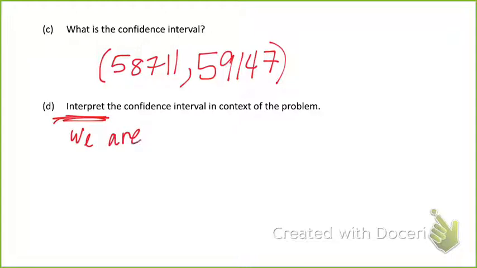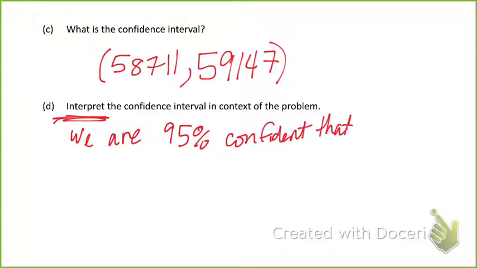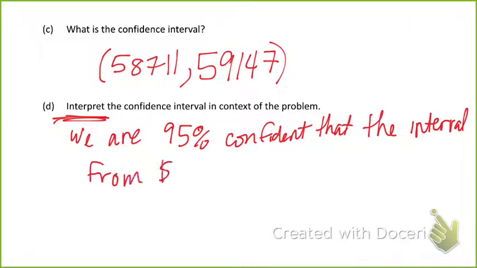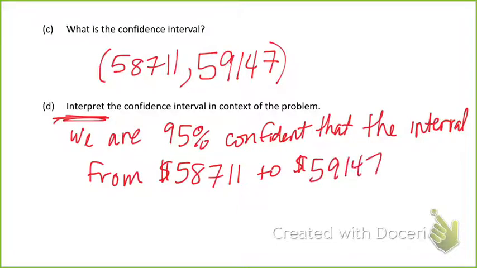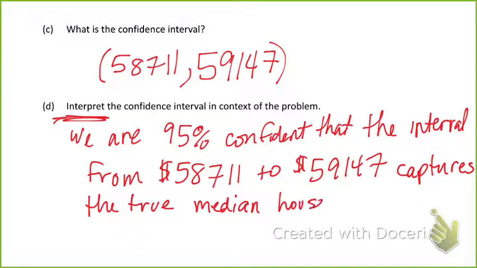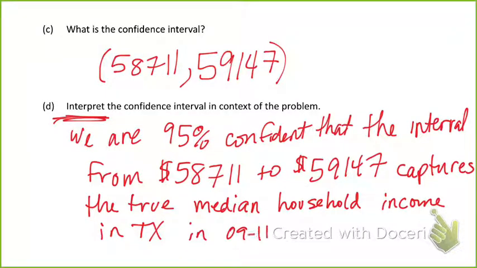We are 95% confident that the interval from 58,711 to 59,147 captures the true median household income in Texas in 2009 to 2011. Questions about that one?